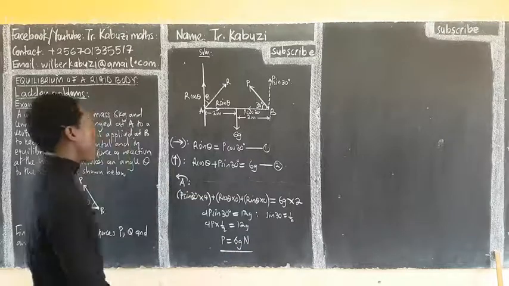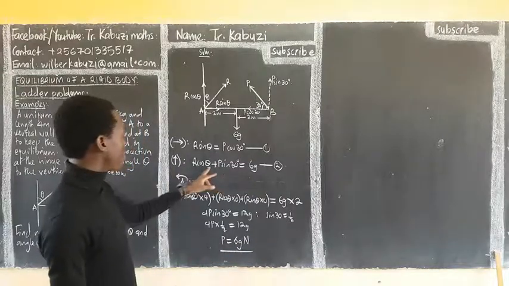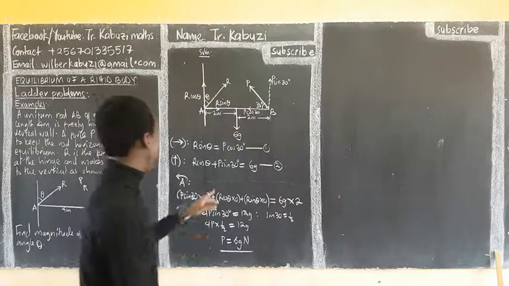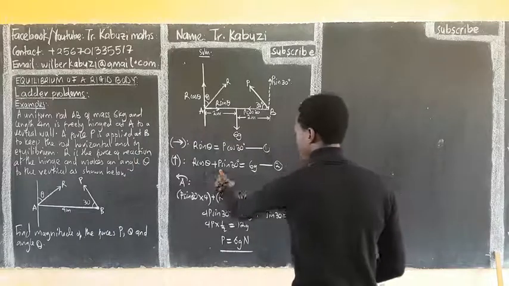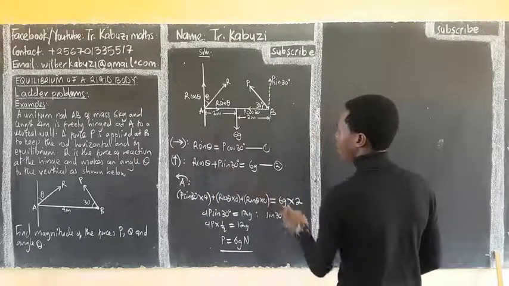So after getting this, you see that I can easily get R from here. So from here, you can see that my P sine 30, I can put there.